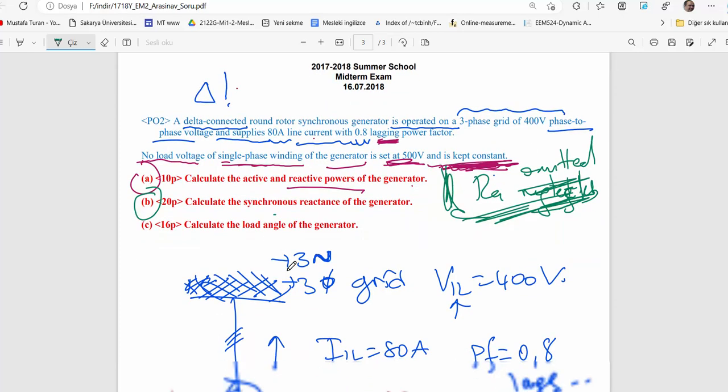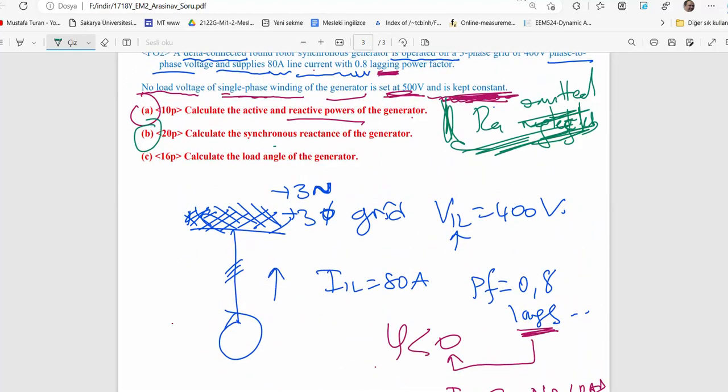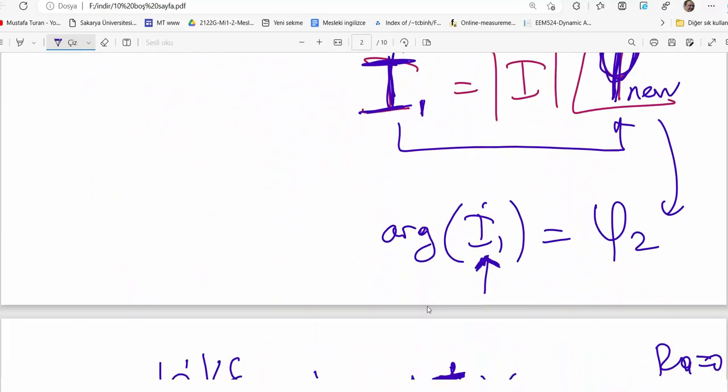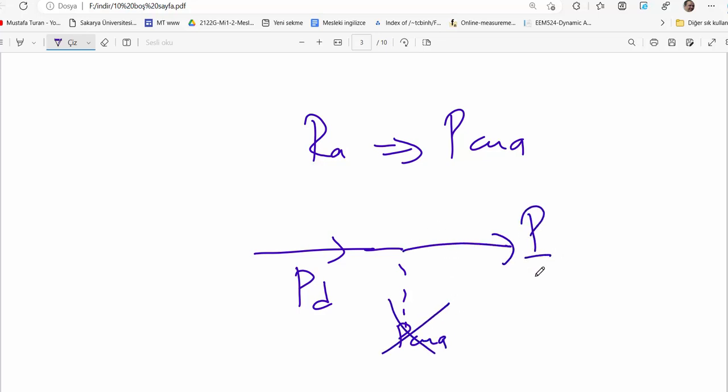So if Ra is neglected, there is no copper loss in the armature. That means the converted electric power is not lost in copper loss and is delivered to the grid, and it is already calculated a few minutes ago.